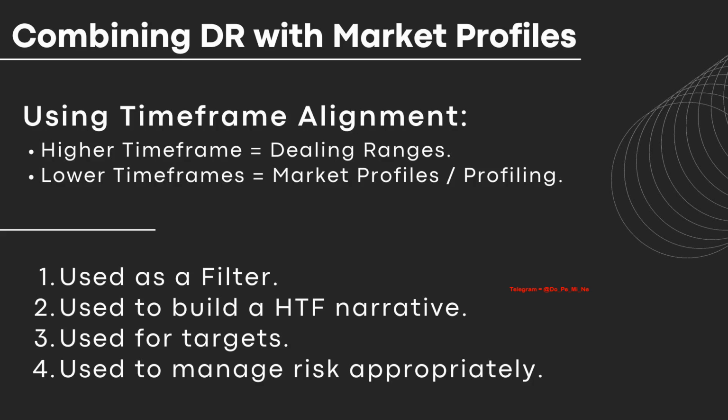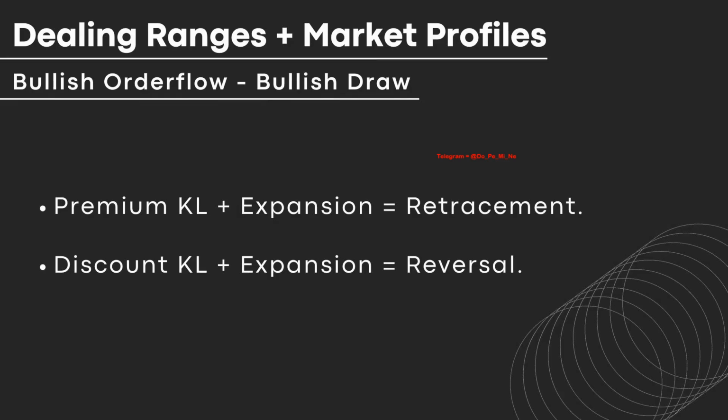So here we're going to discuss different case scenarios for dealing ranges and market profiles, right? The first one we've got here is the different scenarios for bullish order flow, bullish market conditions, or when the drawn liquidity is high, right? So first one we've got here is when the market condition is bullish and price forms a bullish dealing range, and then price on the higher time frame retraces back to a premium key level, right?